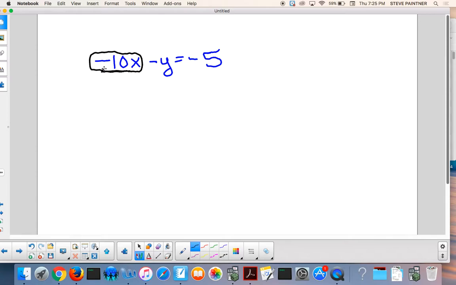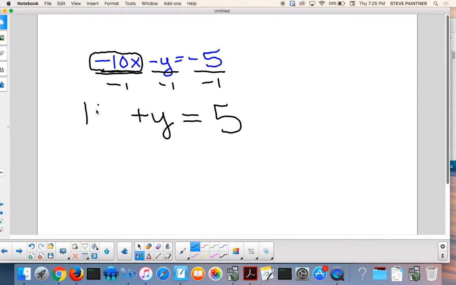So the only way I want you to get rid of that is just when you see a negative 10 or just negative x, let's get rid of it by dividing everything by negative 1. Okay, when dividing by negative 1, it just turns your negative 5 into 5. It turns your negative y into positive y, and your negative 10x becomes positive 10x. And now number 1 in your notes is now done.